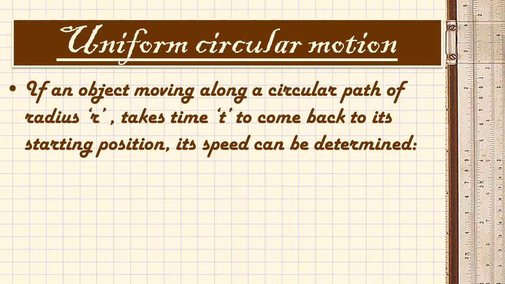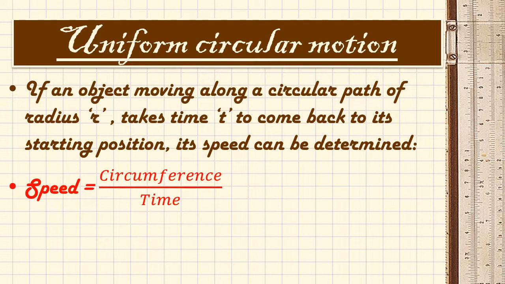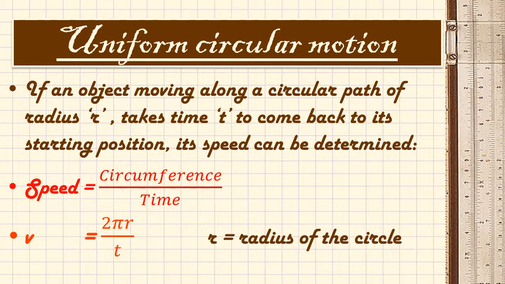Its speed can be determined by the formula: speed is equal to circumference upon time. Why are we taking the circumference? Because the object will cover a circular path, right? That's why we are taking the circumference of the circle upon time. So the formula will be v equals circumference of a circle, which we know is 2 pi r, and for time we are taking t.